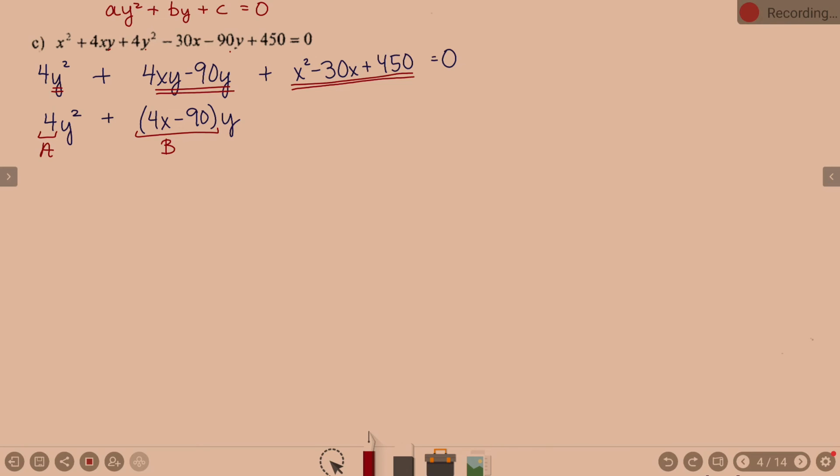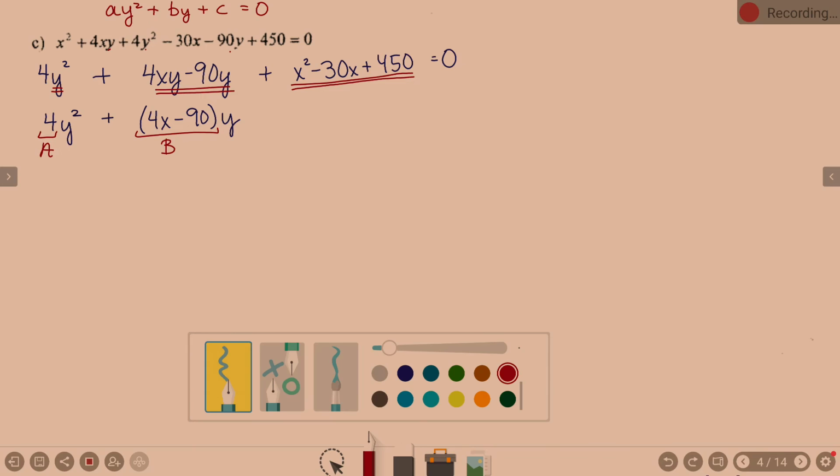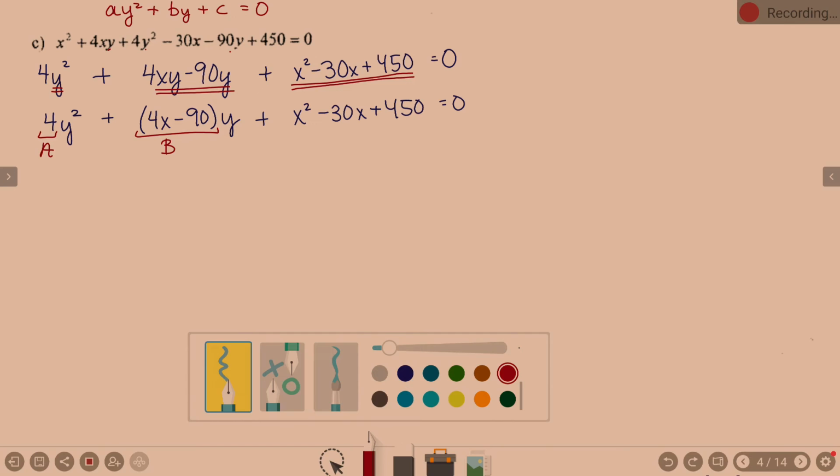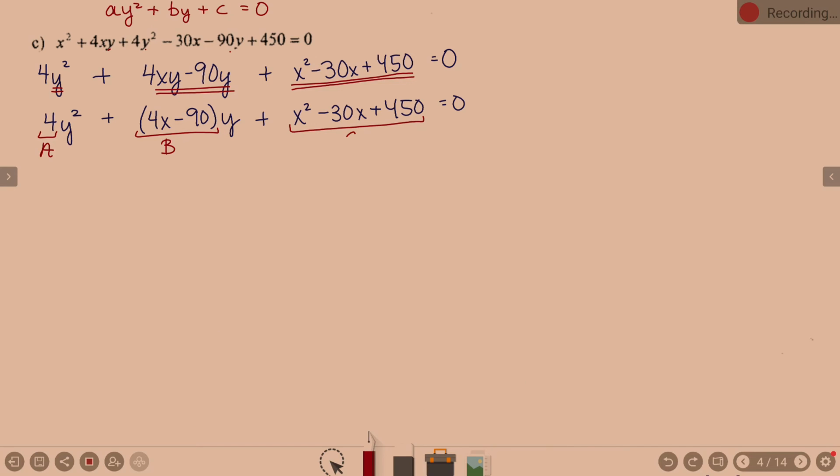A is what's in front of y squared. B is what's in front of y, or in this case, all the y's. And c is all the non-y's. So this x squared minus 30x plus 450, that whole thing is going to be my c value. Okay?